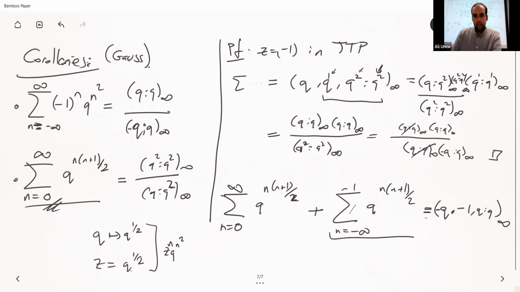I can switch this sum, right? I mean, n goes to minus n. I can switch the sum and write this as n all the way from 1 to infinity of q to the minus n plus 1 divided by 2. Cool. Let me modify this a tiny bit.